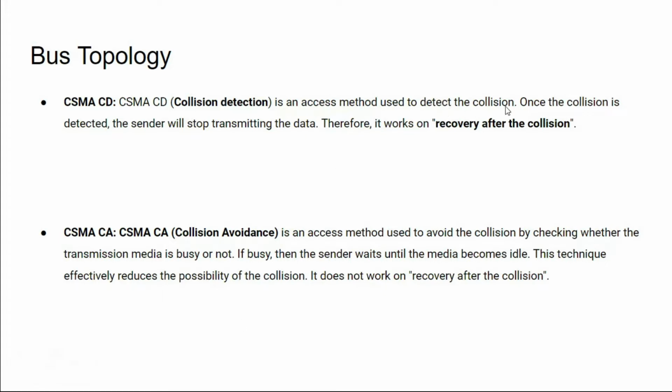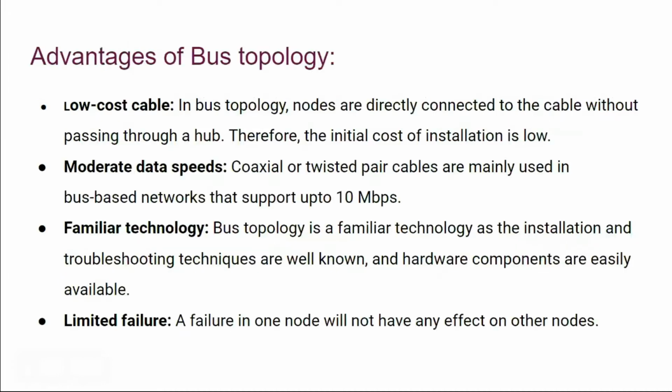Collision detection detects the collision, and once it is detected, it sends a message to stop transmitting the data, so it recovers after the collision. If you want to avoid the collision before it happens, you use the CSMA-CA method. You check whether the transmission medium is busy or not. If it is busy, you wait until it becomes idle, and then you send your information. Then you can avoid the collision.